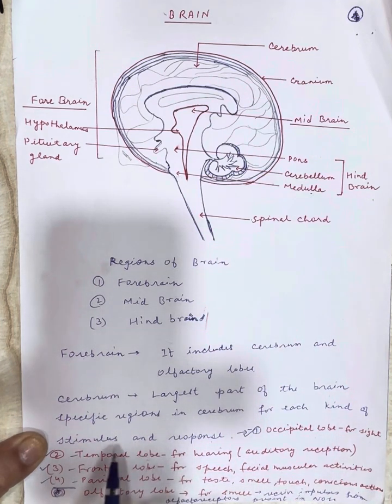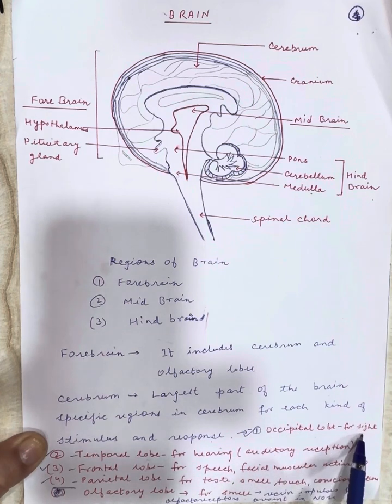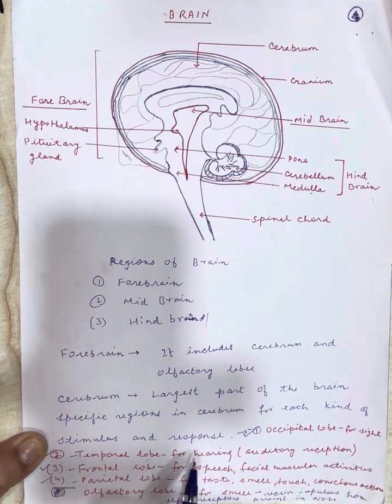So these are the different lobes: occipital lobe for sight, temporal lobe for hearing, that is for auditory reception, and frontal lobe for speech and facial muscular activities. Okay, and parietal lobe for taste, smell and touch and conscious actions.